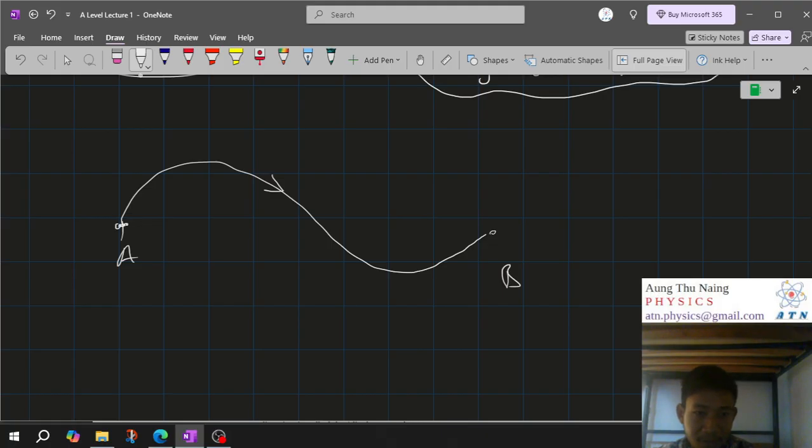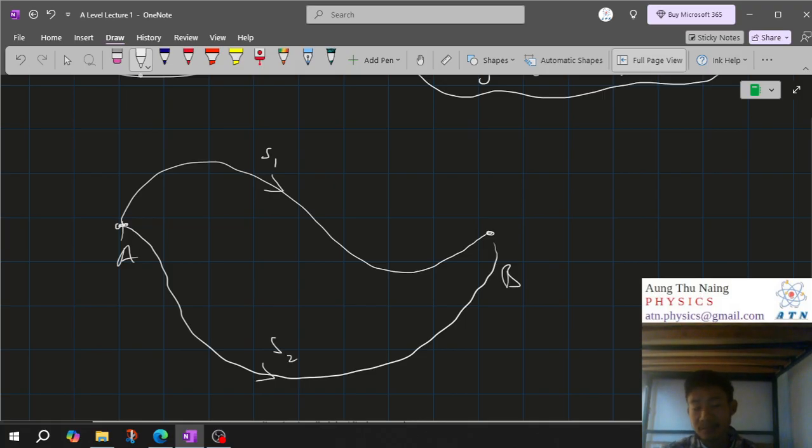This is the path of motion, namely S1. And another particle moves from point A to B like this, and this is another path of motion, S2.